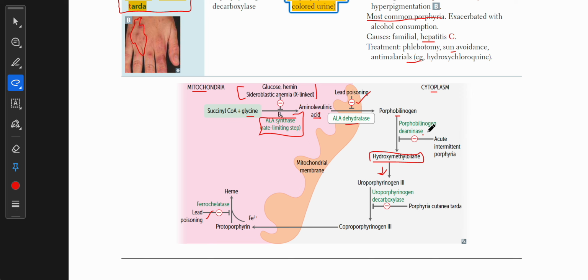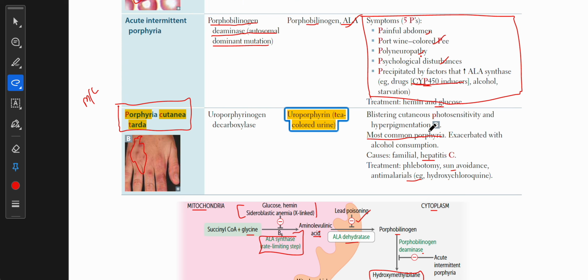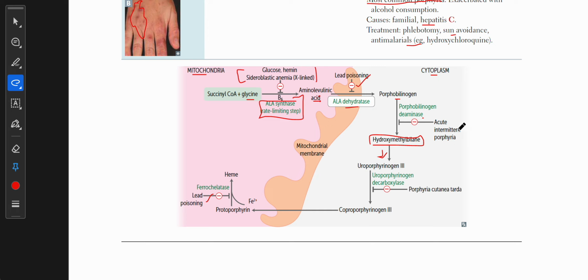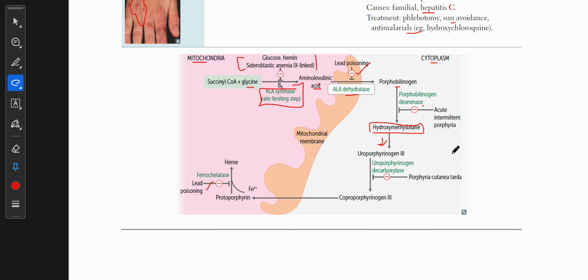If the porphobilinogen deaminase enzyme is affected, then acute intermittent porphyria happens. This is an autosomal dominant mutation, right? And that will cause acute intermittent porphyria.